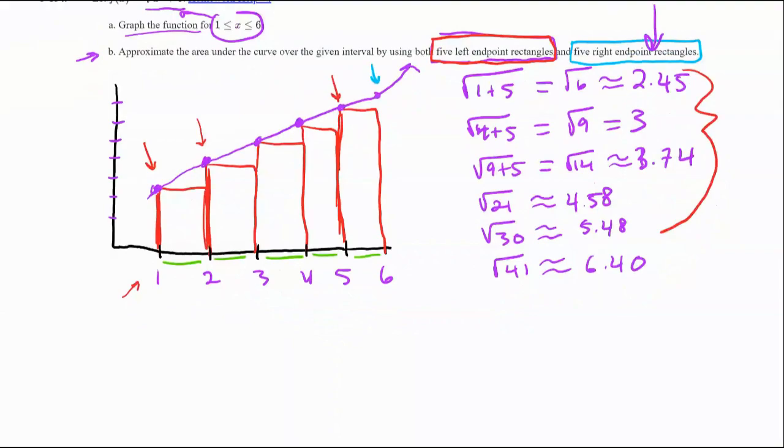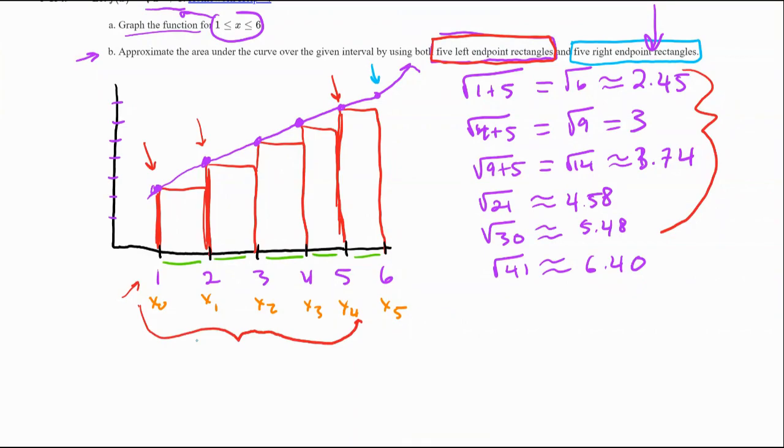I'm also going to add one extra thing here. I'm going to call these in subscript notation, x of 0 through x of 5, because that is going to help us once we start dealing with sigma notation. Right now, it's just showing us that when we are dealing with the left endpoint rectangles, we're only using the first 5 here.